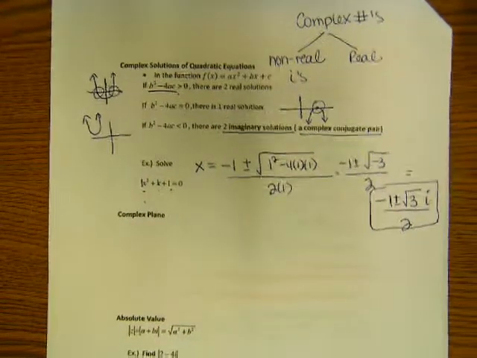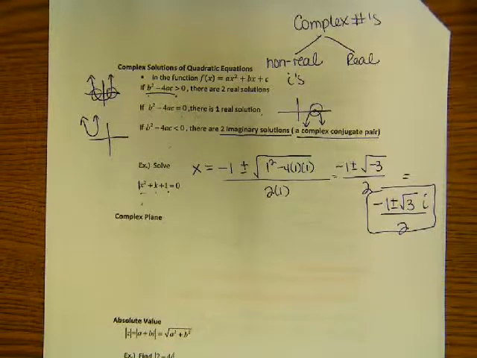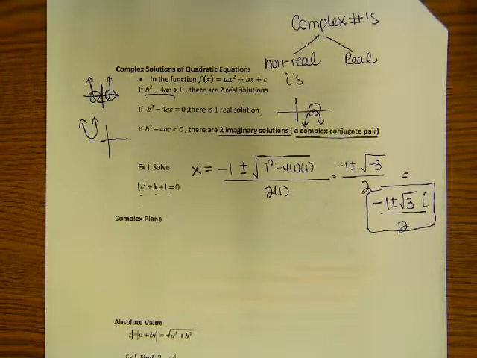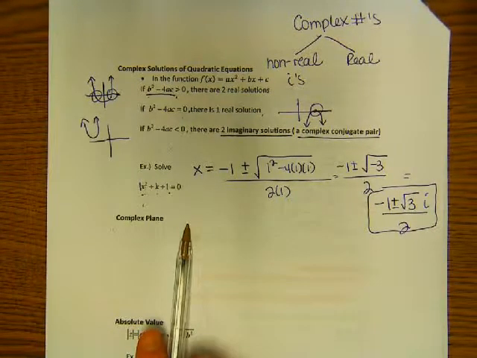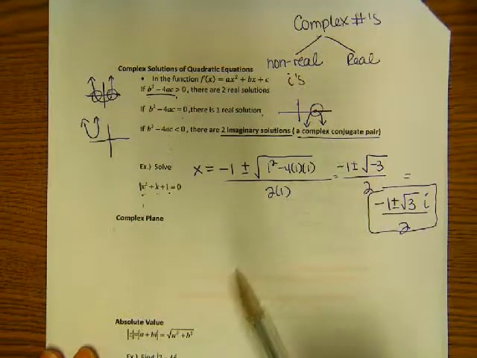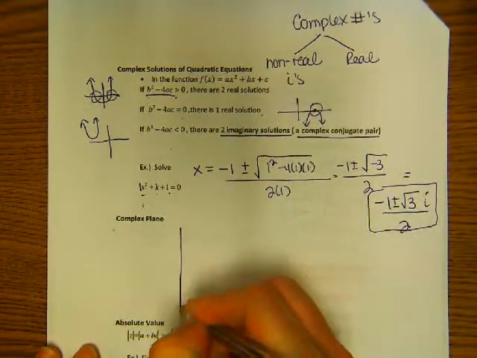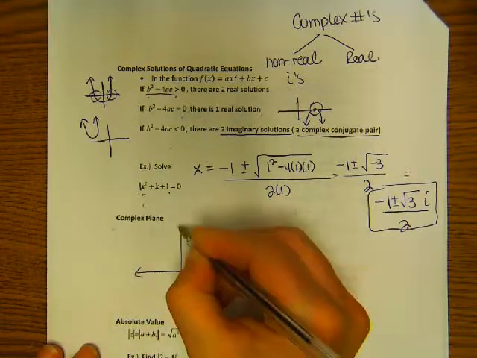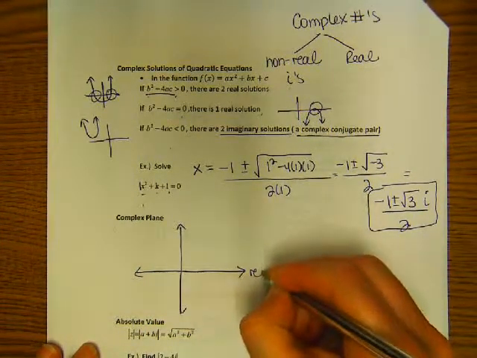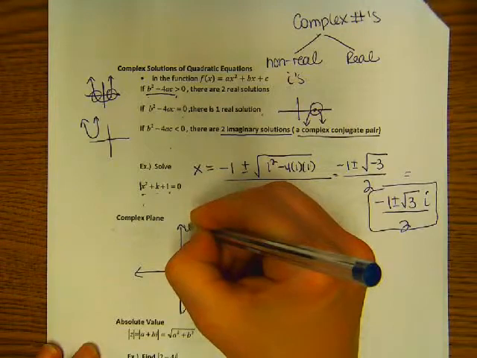All right, the last thing that we're going to talk about today, we'll save absolute value and distance and midpoint for tomorrow, is the complex plane. So there's a way of graphing imaginary numbers, and it looks kind of like an x-y axis, but we call this the real and this the imaginary.